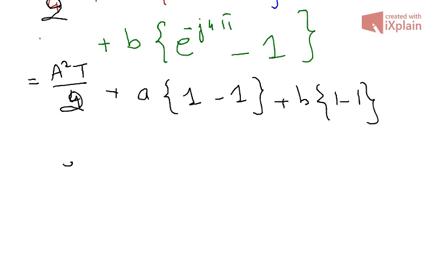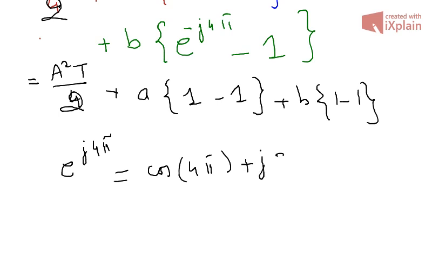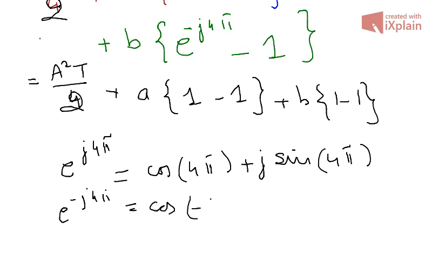So e raised to the power j4π is cos 4π plus j sin 4π, by Euler's identity. Similarly, e raised to the power minus j4π is equal to cos of 4π.